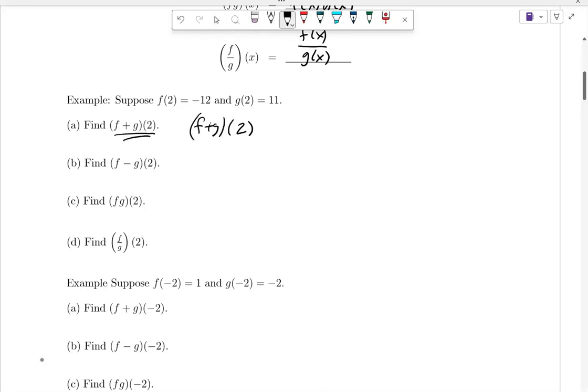F of 2 plus g of 2. Good. Are we given the output associated with 2? Yes, f of 2 is negative 12. G of 2 is 11. Add those together and get negative 1.